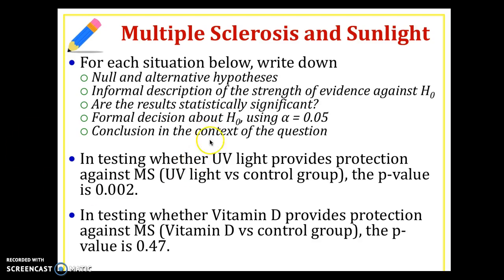In testing whether UV light provides protection against MS, we'll look at the UV light group versus the control group. The p-value is 0.002. In a separate test, we'll look at vitamin D versus the control group, and the p-value for those two is 0.47.